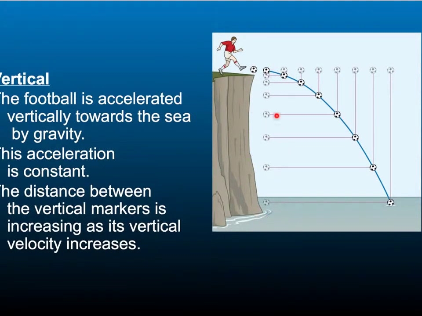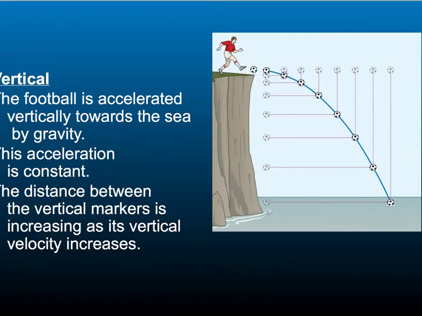If you consider the vertical component of velocity, you can see that the time intervals, although they are the same, they get further apart as we go down the cliff. This is because gravity is acting upon the ball and its acceleration is constant, which means it's getting faster as it falls, so its velocity is increasing.